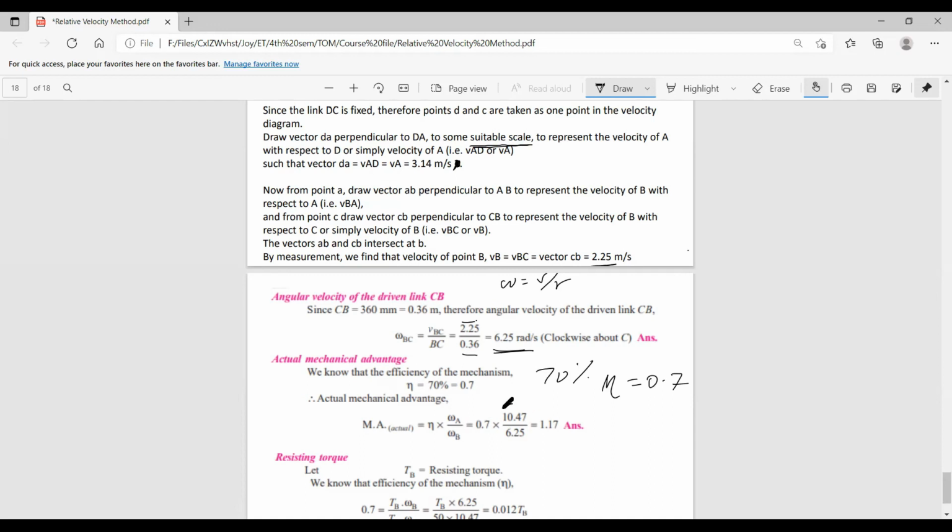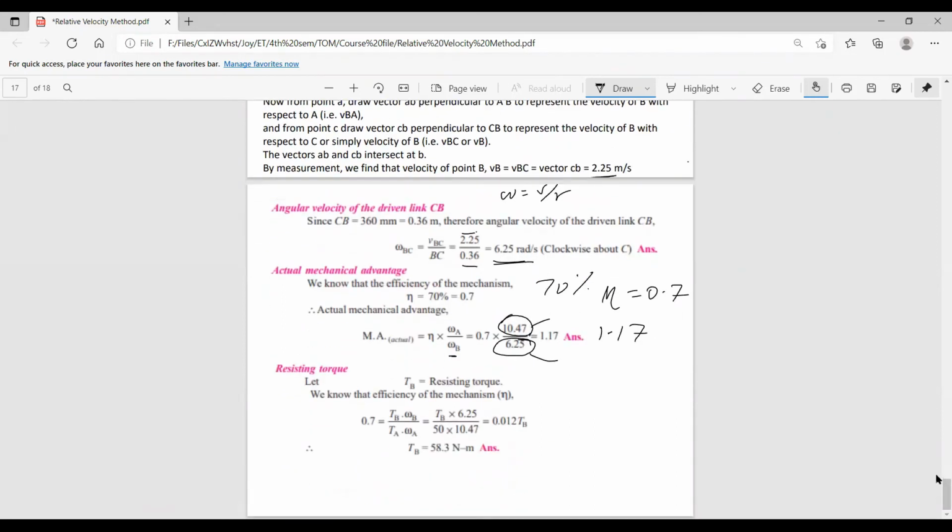So omega A is found as 10.47 rad per second at the start of the question. Omega B, that is the driven link, is found as 6.25 rad per second. So at the end, we will have 1.17 as the mechanical advantage. Since this is radian per second and this is also radian per second, mechanical advantage will not have any unit, right?